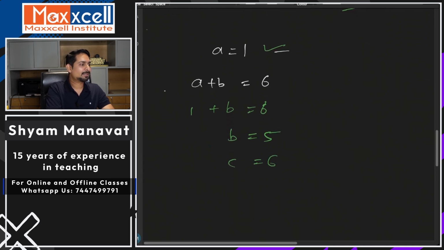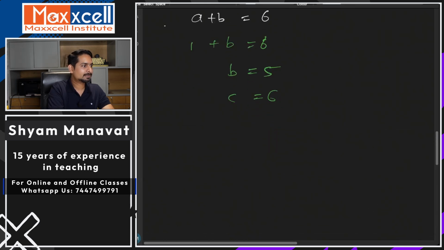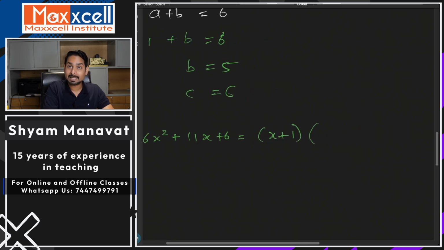Now with this, I have the given equation x cube plus 6x square plus 11x plus 6 equals one factor as x plus 1 and the other factor as ax square.